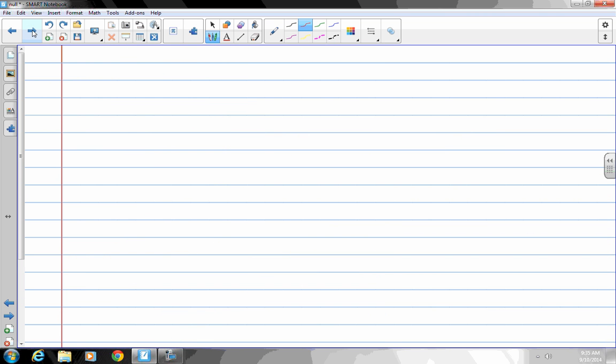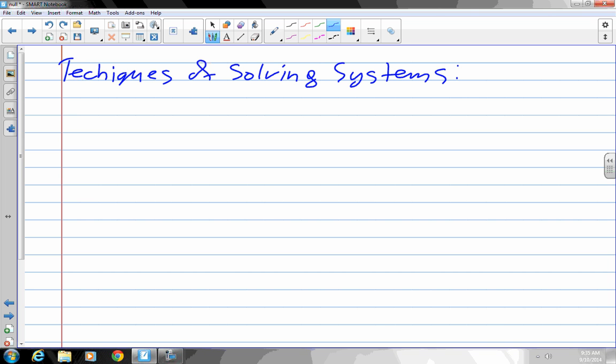The other ways of solving the system are how we're mostly going to be doing this. So another technique is called substitution. Who can describe the substitution method to me?